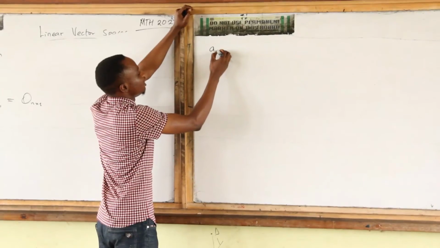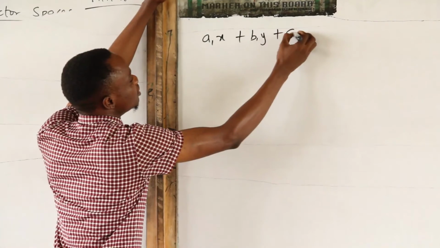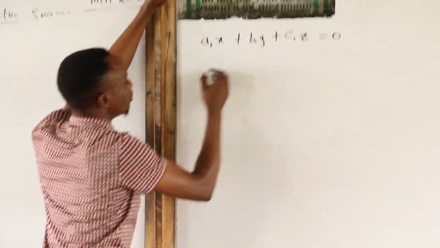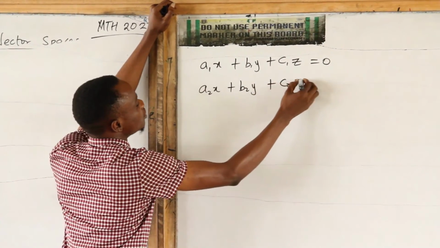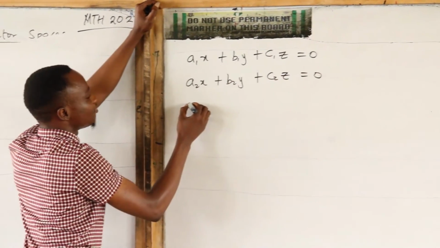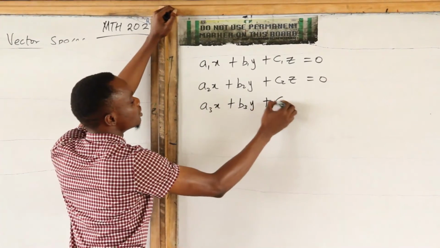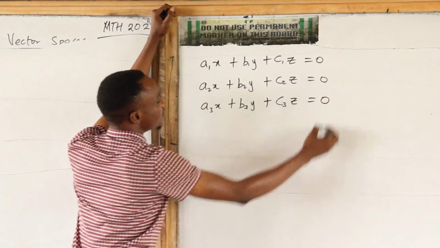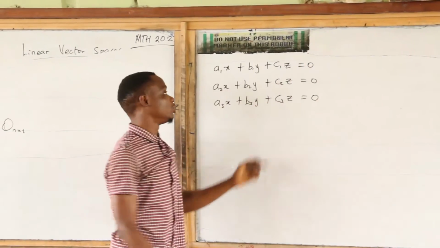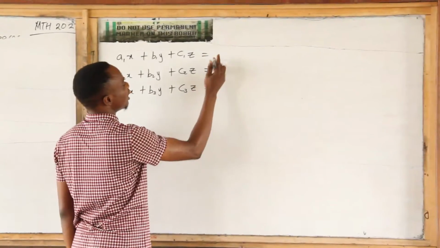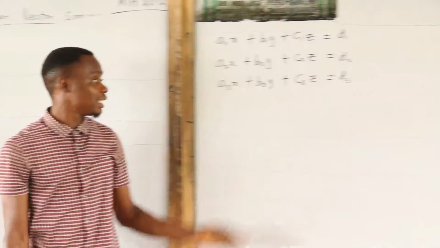You have something like A1x plus B1y plus C1z equals 0, A2x plus B2y plus C2z equals 0, A3x plus B3y plus C3z equals 0. Please pay attention. Now, when you don't have 0 here, you can have constants like D1, D2, D3. Do you understand that?